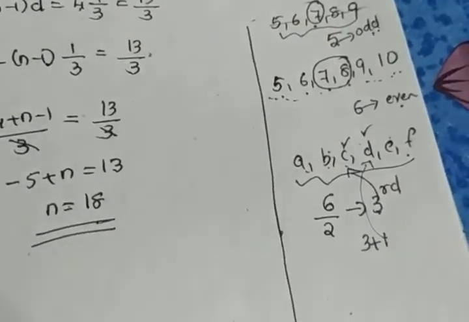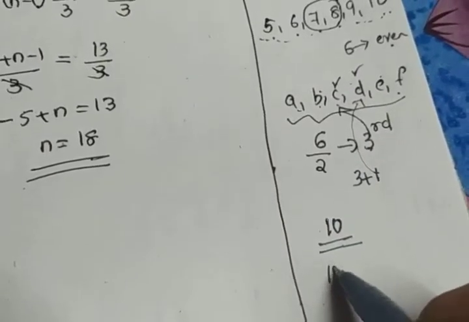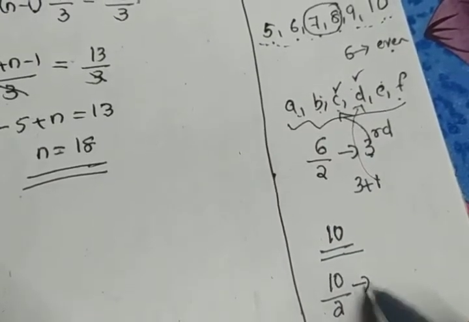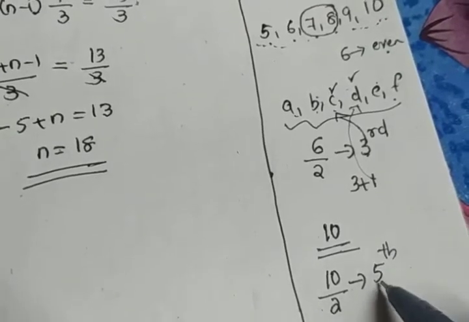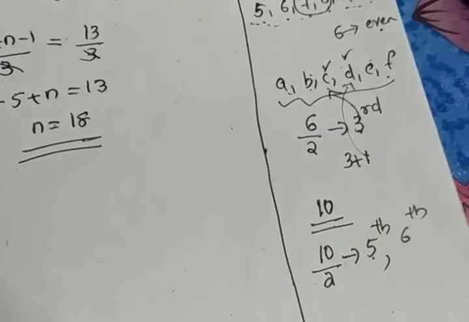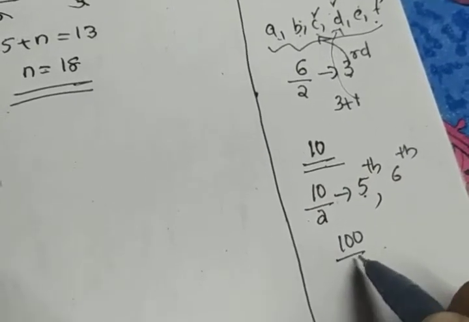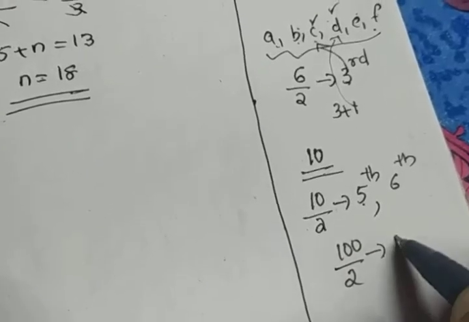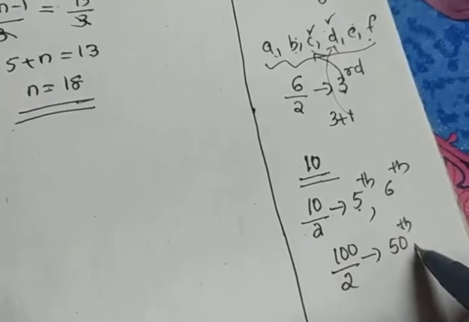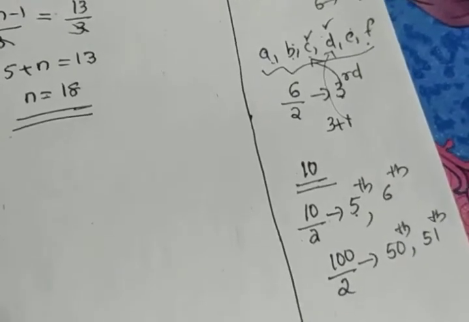Suppose there are 10 terms. To find the middle one, divide 10 by 2. So 5th term will be one of the middle terms and the next term will be the 6th term. If there are 100 terms, divide 100 by 2. So 50th term will be one of the middle terms and the next term, the 51st term, will be the next middle term.